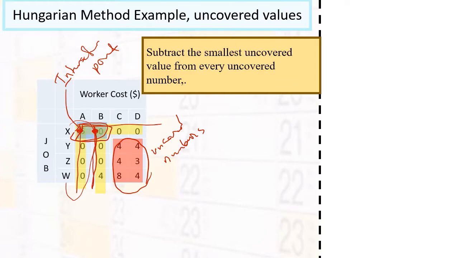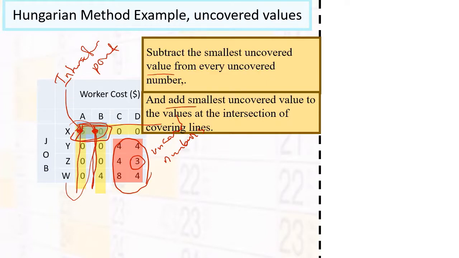But what's going to be very important is the intersection points and the uncovered values. We're going to subtract the smallest uncovered value from every uncovered number. So the smallest uncovered number, looking at these 6 numbers, is 3. We're going to subtract it from every uncovered number.